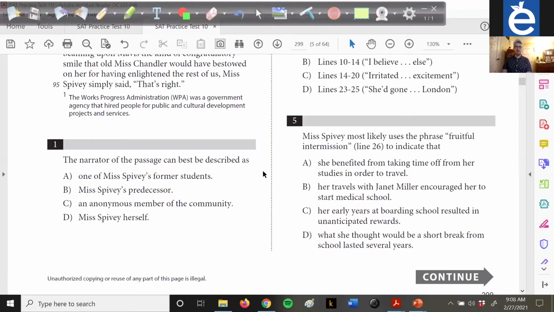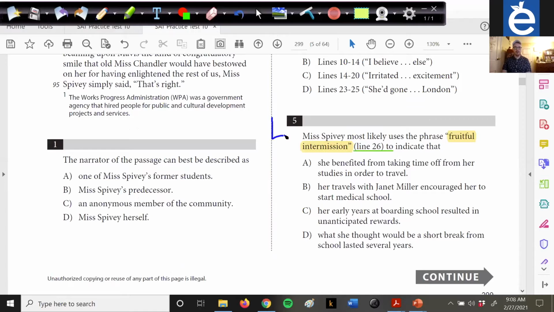Miss Spivey most likely uses the phrase fruitful intermission, line 26, to indicate what? Well, we were being given a line here, so I would say this is for sure a line question of some kind. It's also almost a vocab and context question, right? We're being given a phrase and being asked what this phrase means in that context.